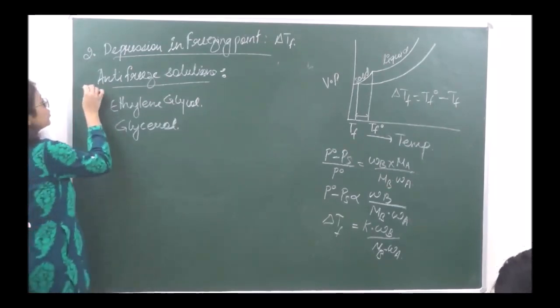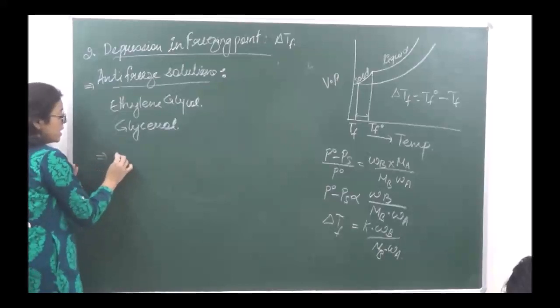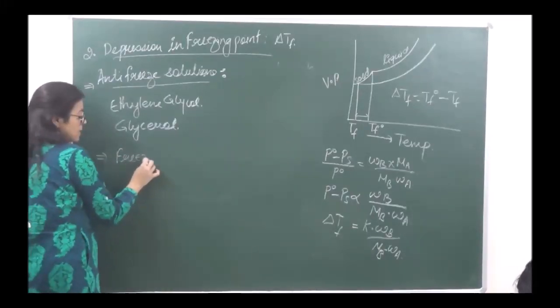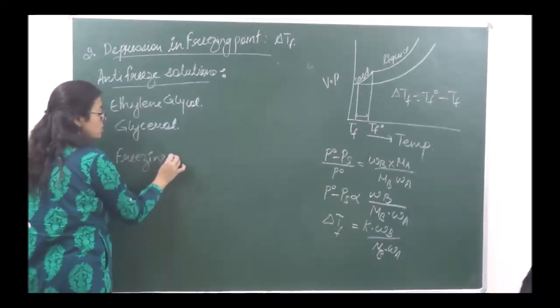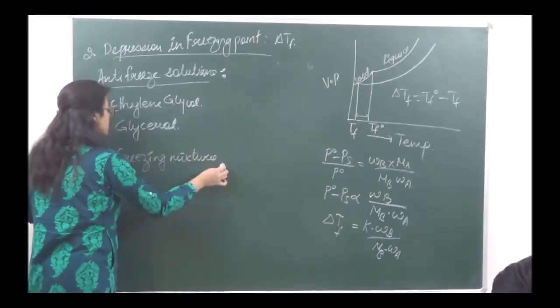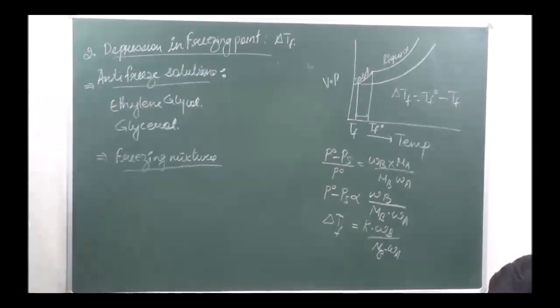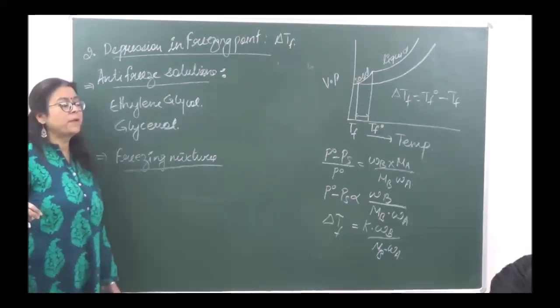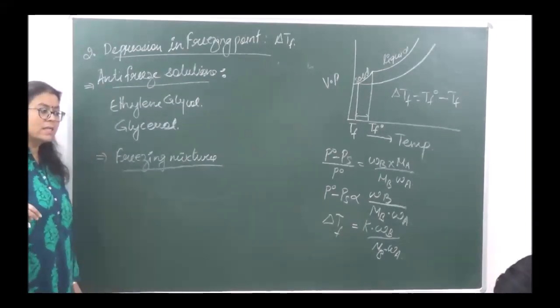Another application of this is freezing mixtures. Freezing mixtures are used to lower the temperature. It is generally used for making ice creams or inside the laboratories to make the temperature lower than 0 degrees Celsius.